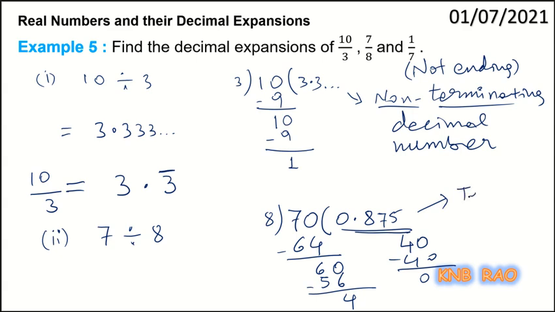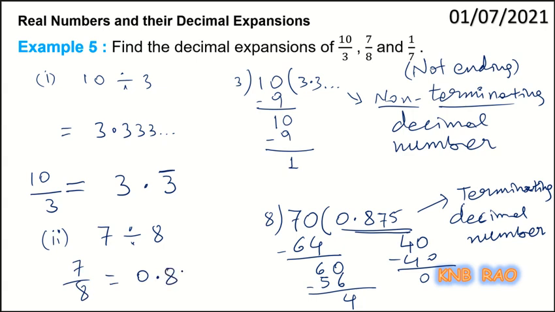Ending is coming means it's a terminating decimal number I got as this quotient. Therefore, I say 7 by 8 is 0.875, terminating, nothing but ending, okay.